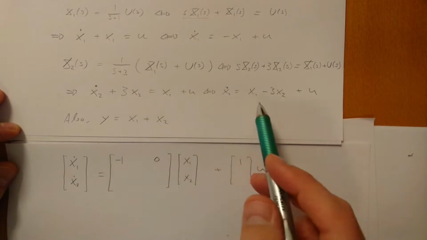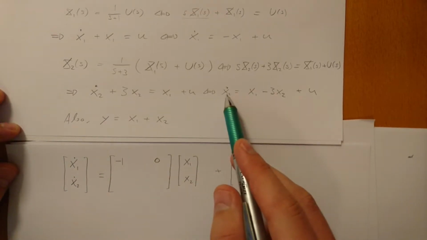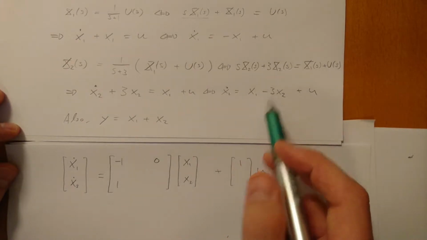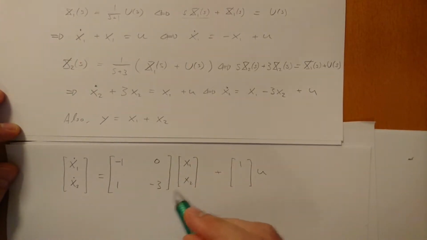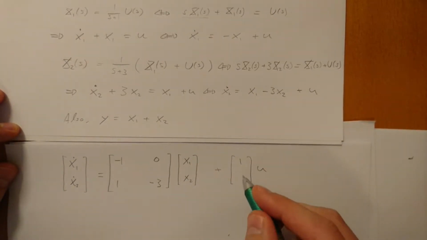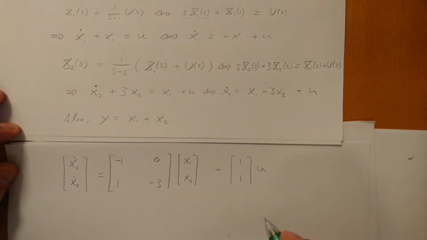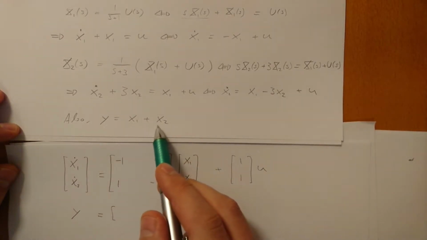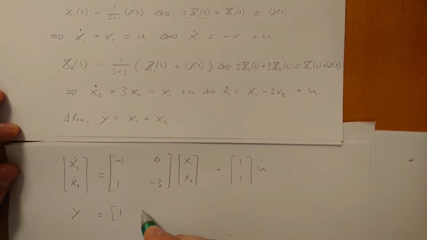And for x2, we have x2 dot is equal to x1 minus 3x2, and then plus u. So this B vector is 1, 1. And then finally we have that y is equal to the sum of x1 and x2. So it will be 1, 1 times x1, x2.